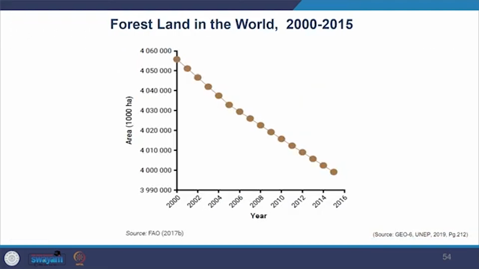So further moving on, we see that there is change in the forest area as well. The percentage of land under forest is getting lesser and lesser, as you can see in the graph here. So see how the forest area is declining, and you can think of the services the forest area really provides to us.